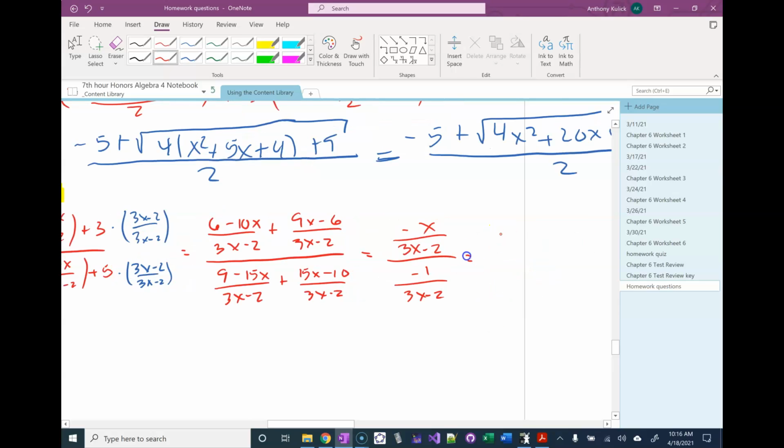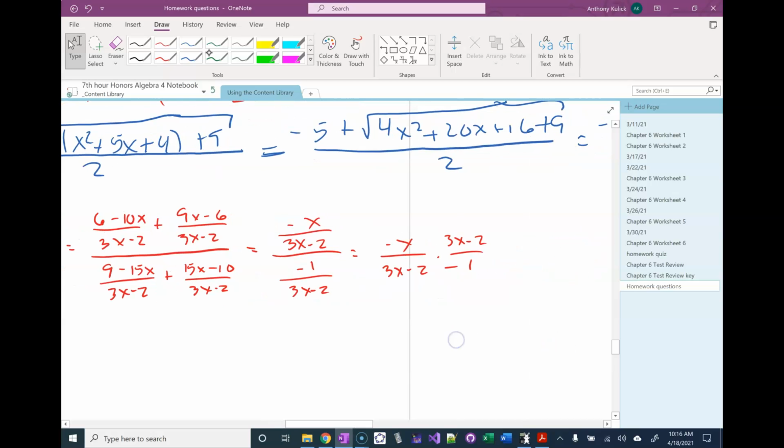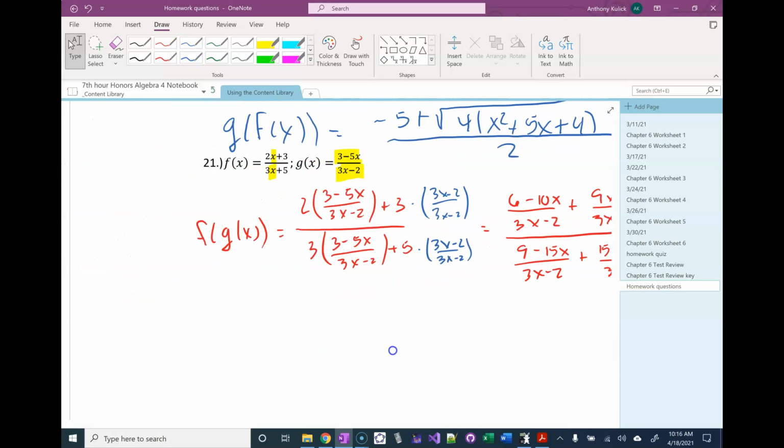And then to divide fractions, we multiply by the reciprocal of the denominator. So the 3x minus 2's cancel, the negatives cancel. So we're left with just x. That's the first half of it.